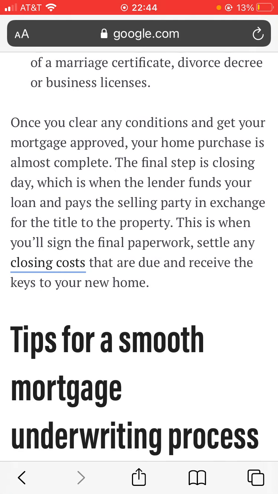in most states you may not have the option of doing an e-notary or being able to notarize or sign your final closing documents electronically. So you will most likely have the title company schedule a notary to come out.